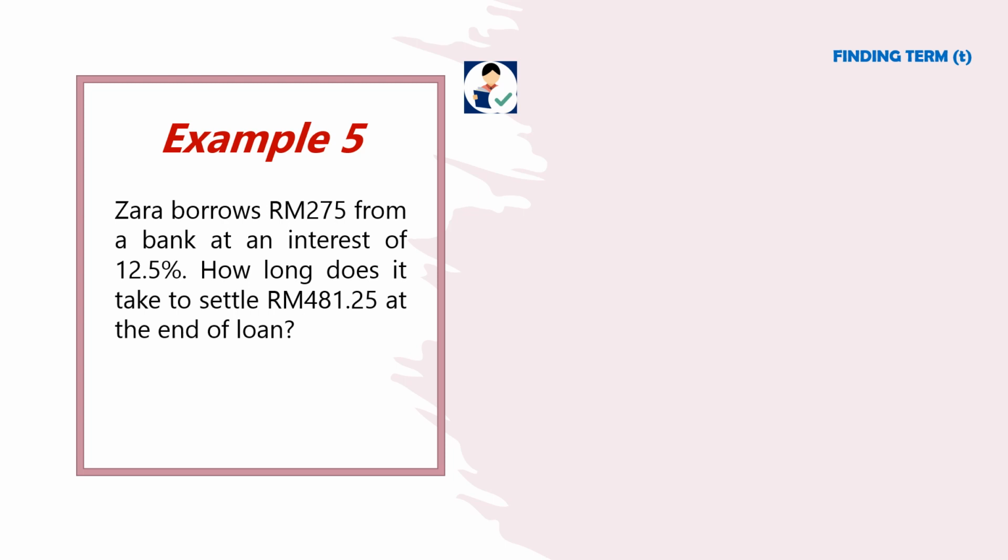So from this question, P is equal to 275 ringgit, and S is equal to 481.25, and R is equal to 12.5% or 0.125. So the question is, we want to find the term of the loan, which is T.